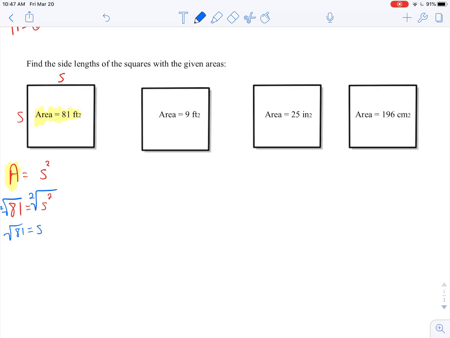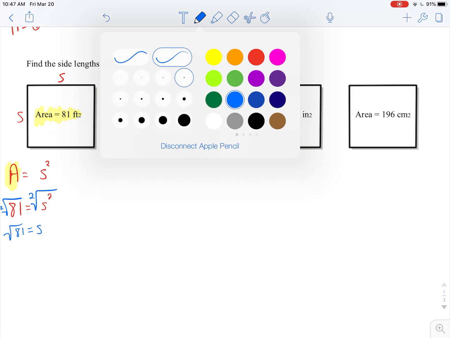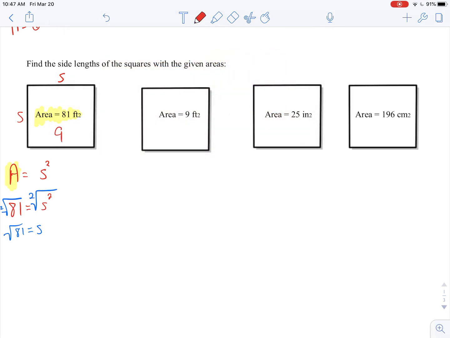So if I find the square root of 81, that will give me my side length. So whenever you're given the area, just take the square root of the area to get your side length. So square root of 81 is 9. 9 feet.